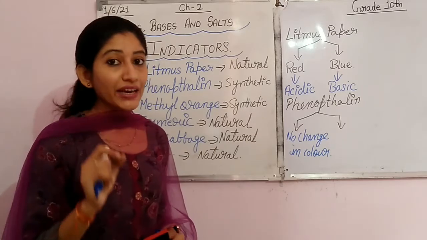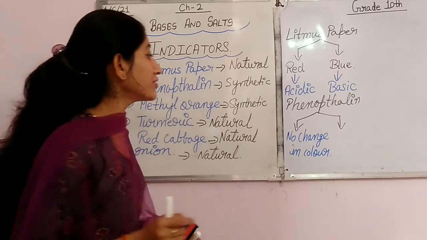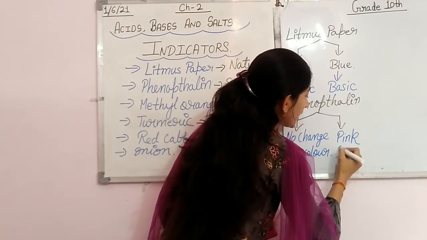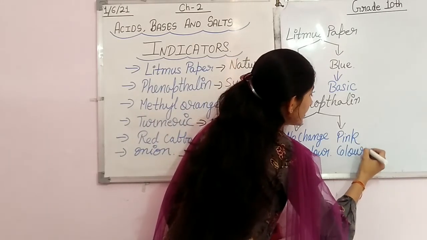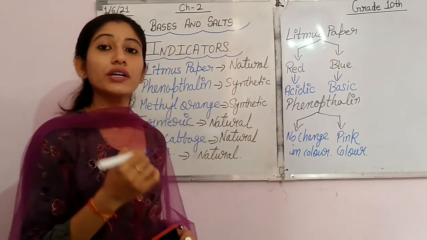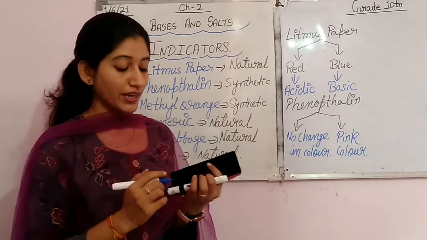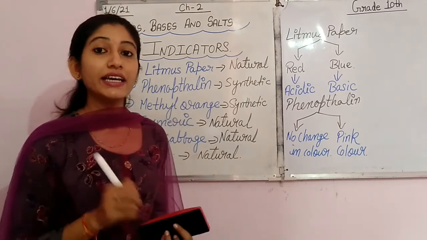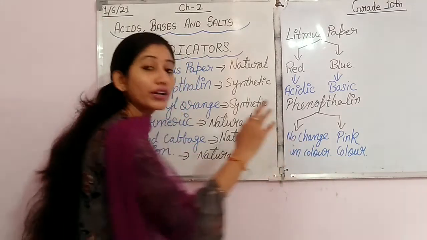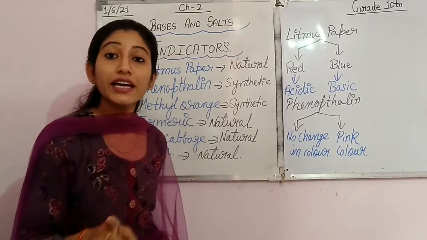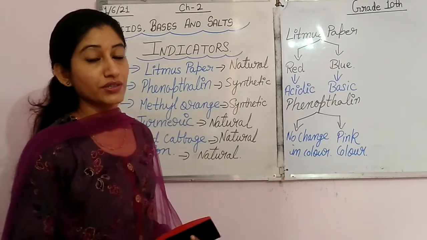But if the color changes into pink, if you are getting pink color, it means the given substance or solution is basic in nature. In the case of phenolphthalein, it gives pink color for basic solutions and it does not give any color for acidic solutions.